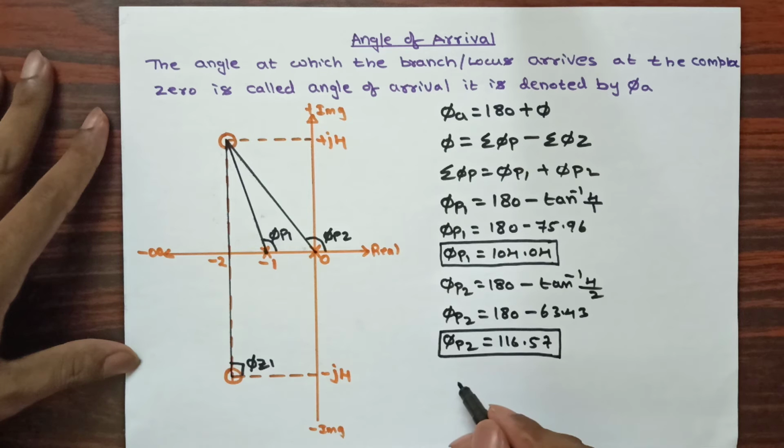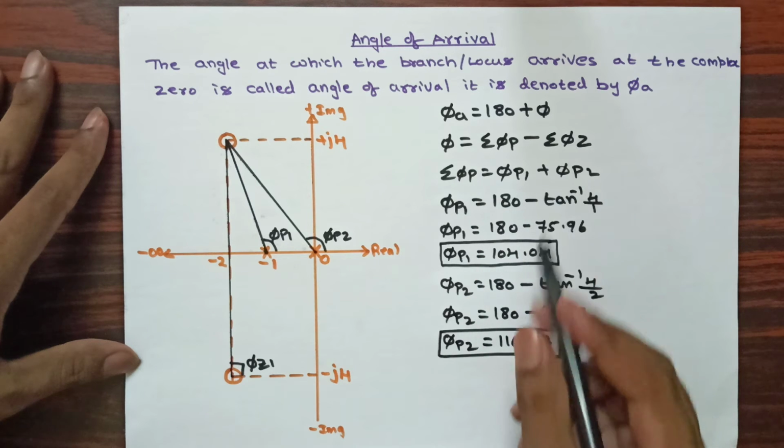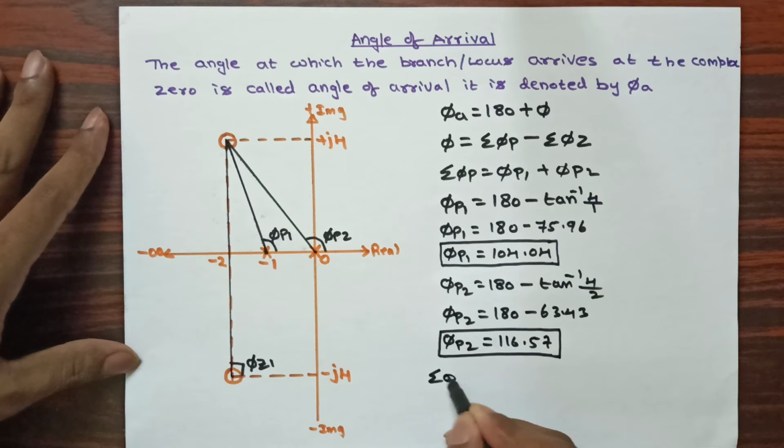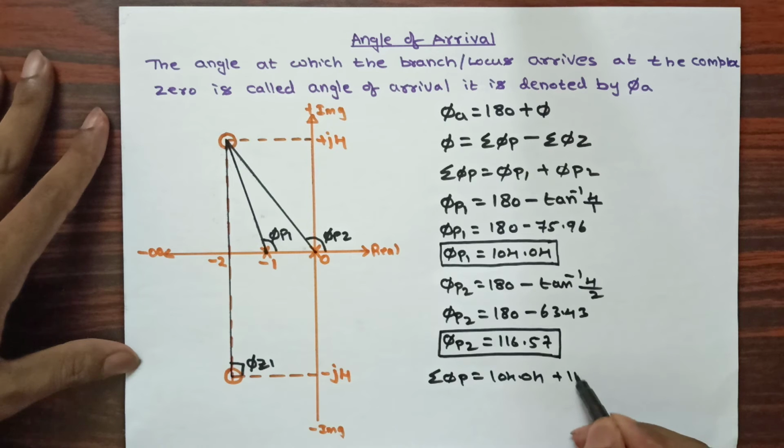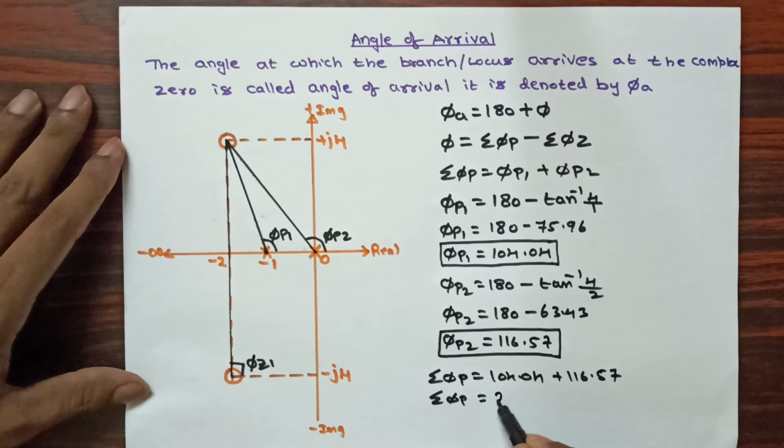Next I am going to substitute. Now I am going to substitute this phi p1 and phi p2 in this above formula, that is summation phi p is equivalent to phi p1 value 104.04 plus phi p2 value 116.57. Therefore summation of phi p is equivalent to 220.61.